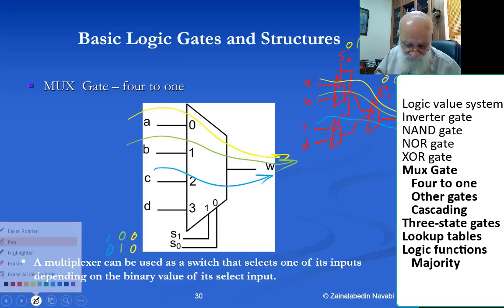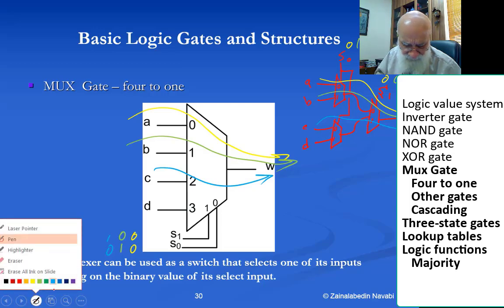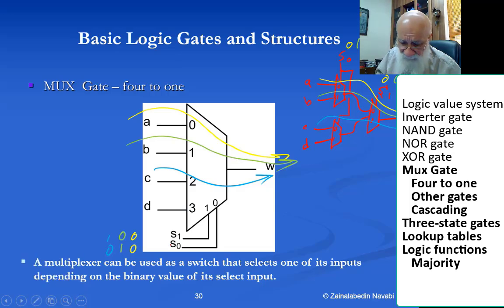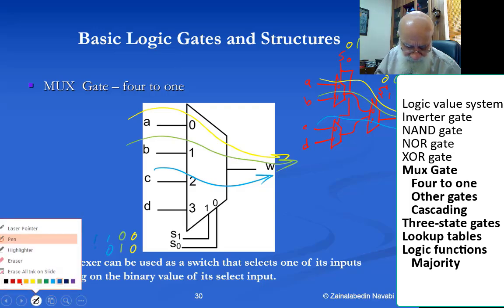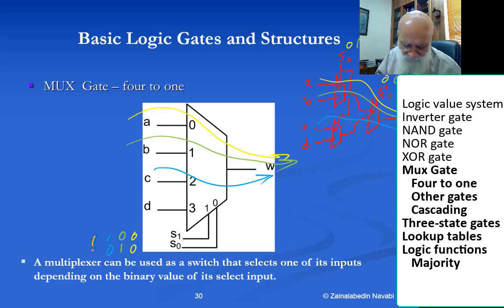And finally, let's use a color we have not used, orange, I guess. If I have a 1, 1, D is going to go through.